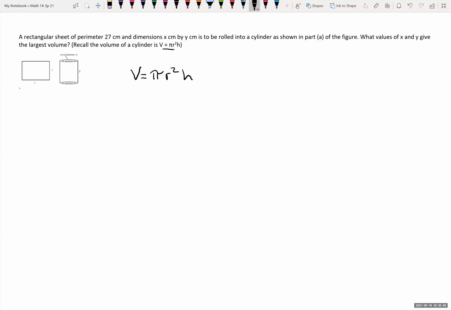Well, we want this in terms of just one variable. And so let y be the height. So that's equal to our h value in here. We need to figure out what r is. Well, recall that the circumference of a circle is 2 pi r.